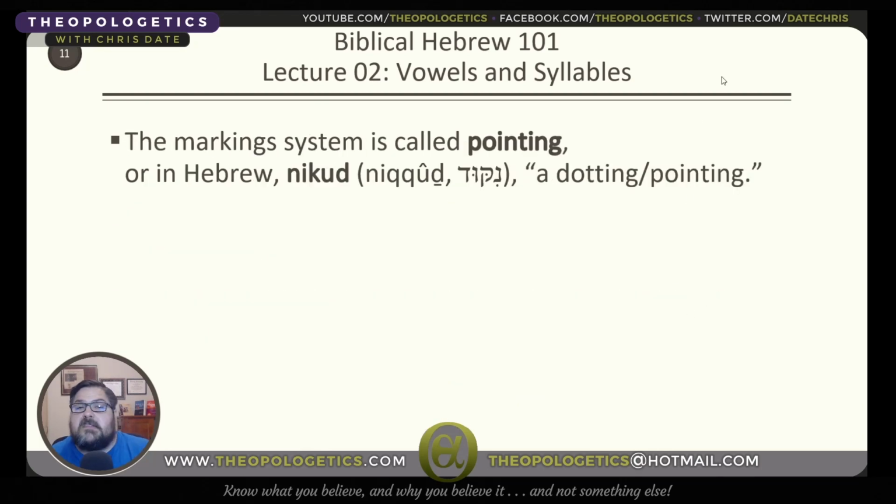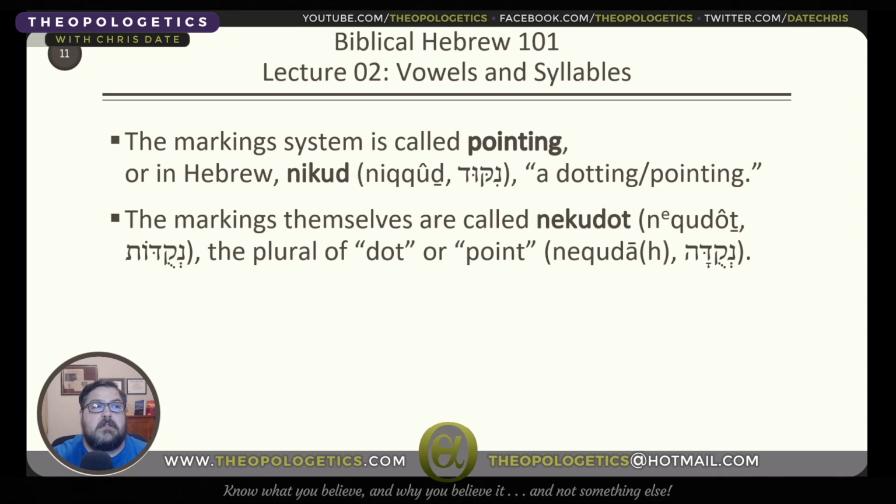Now, this marking system is called pointing, at least in many of your Hebrew grammars written for English speakers. In Hebrew, they call it nikud, which means a dotting or a pointing. So if you come upon the word nikud, you know what it's referring to. It's referring to this standardized system of pointing for marking vowels and other sounds around consonants.